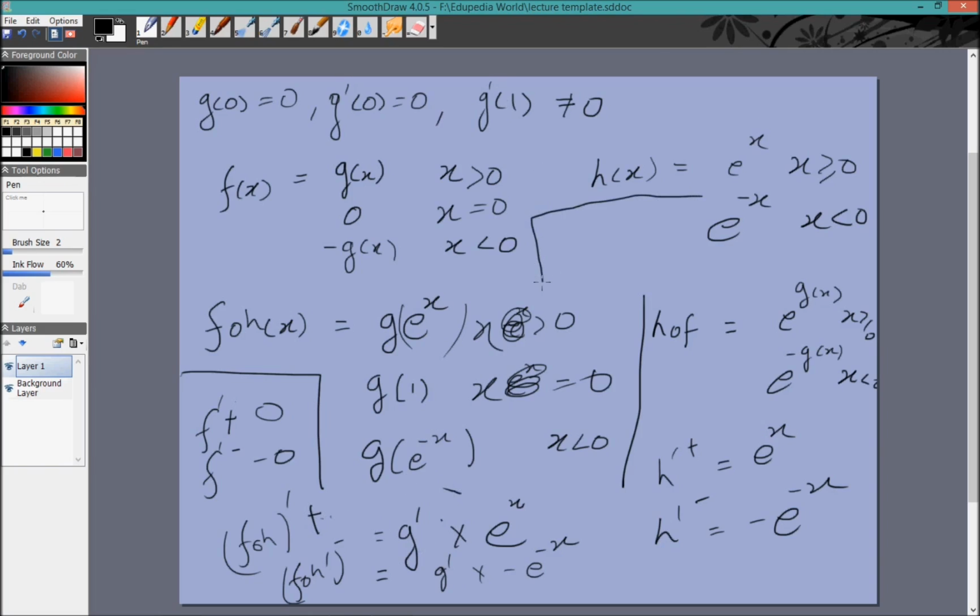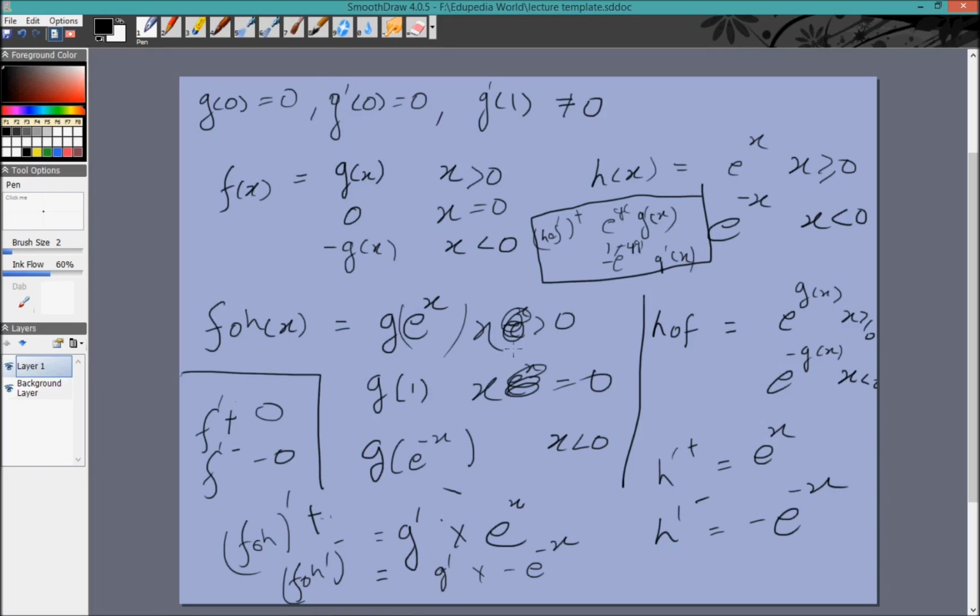The last one is h of f. Let's look at that. The derivative of h of f on the plus side will be e to the power g(x) into g'(x), and on the minus side will be minus e to the power minus g(x) into g'(x). But this is at x equal to 0, and we are given that g'(0) is explicitly 0.